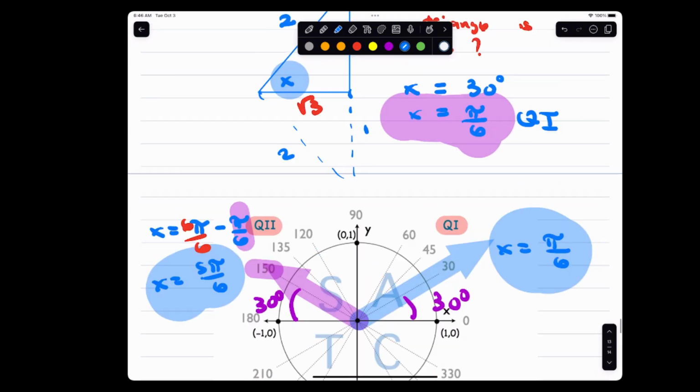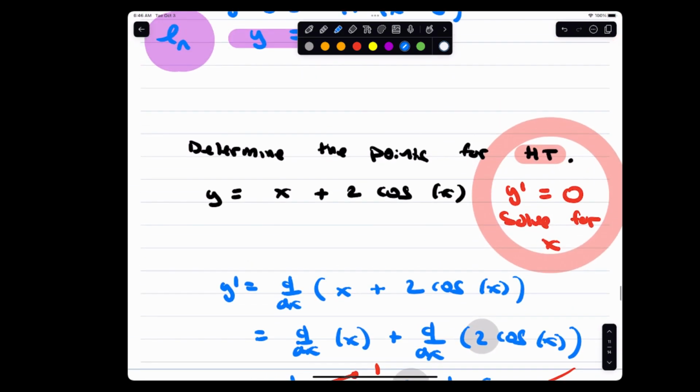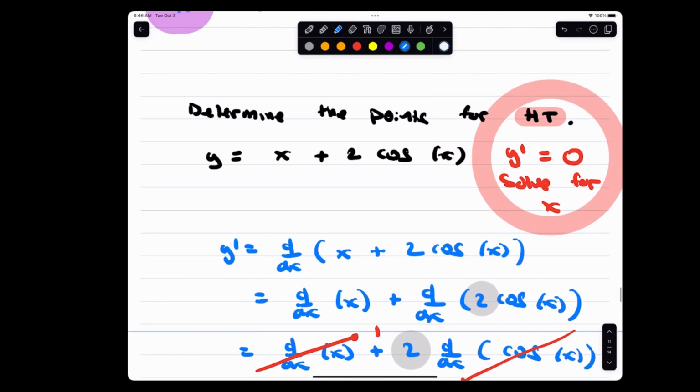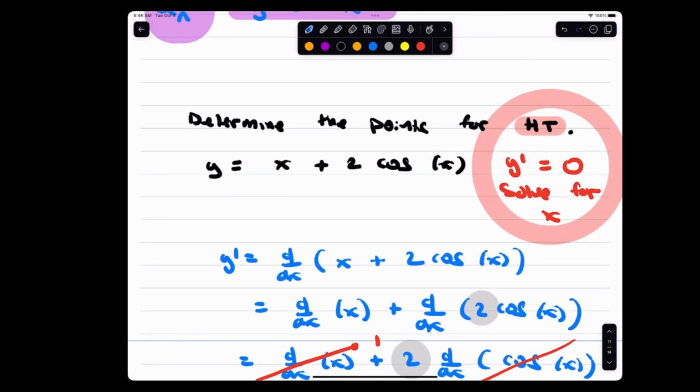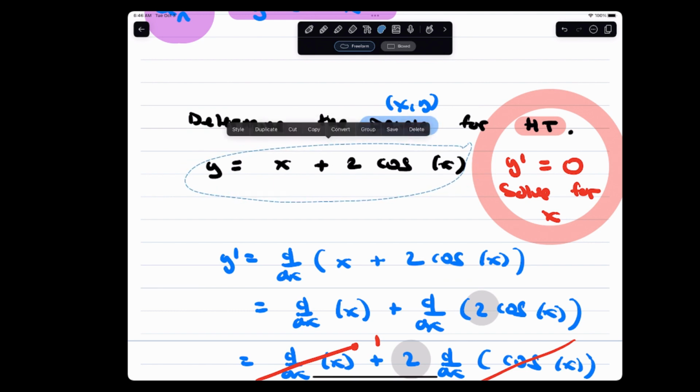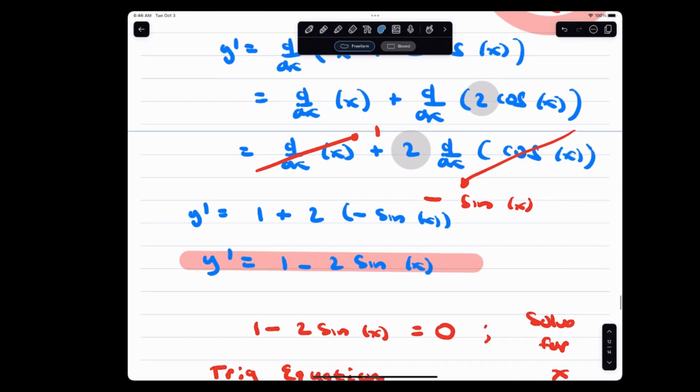Anyway, so let's go back to pi over 6 and 5 pi over 6. So then you said, but they asked me for points, and points on your curve is what? Isn't that an x coordinate and a y coordinate? Is that true? y equals x plus 2 cosine x.